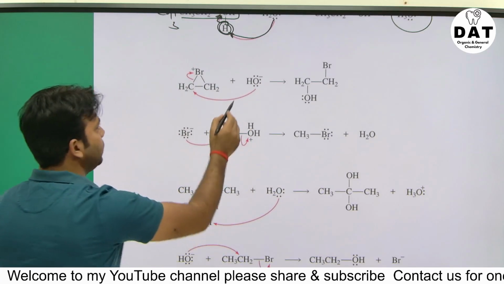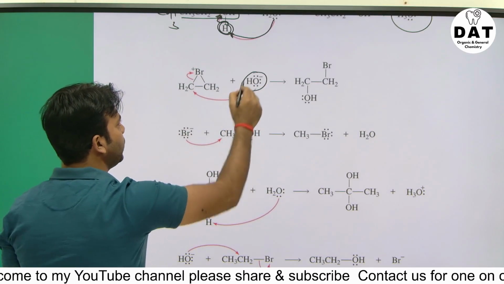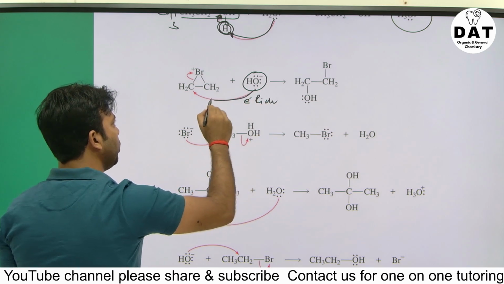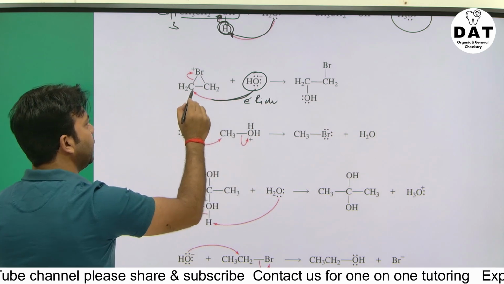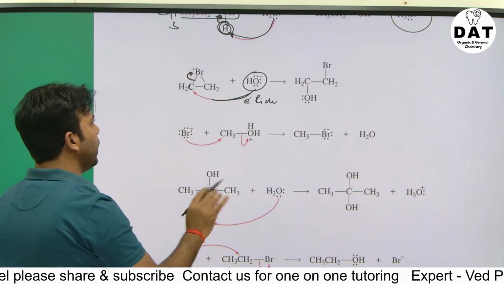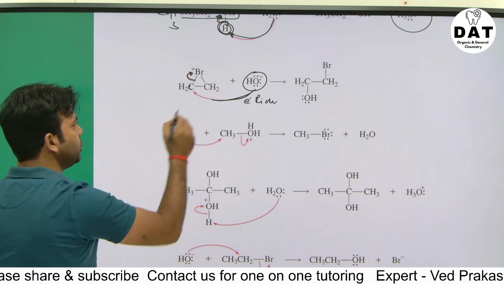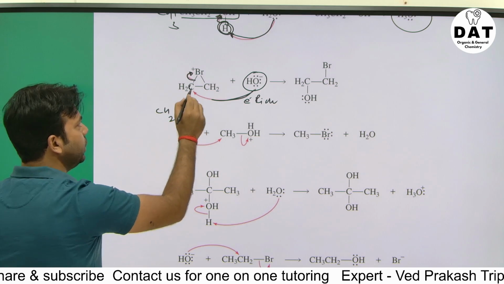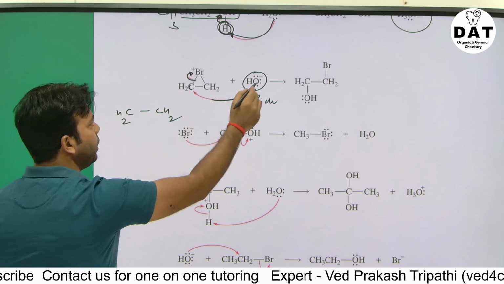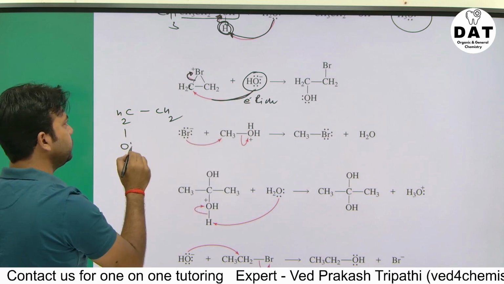Look at this. This is a nucleophile, electron rich. That's why electron moves away from this oxygen, attacks this carbon, and this bond is going to break. So look at the changes here. Suppose this is CH2, write down CH2. The neighboring is CH2, CH2. This CH2 is bonded with OH, so OH.